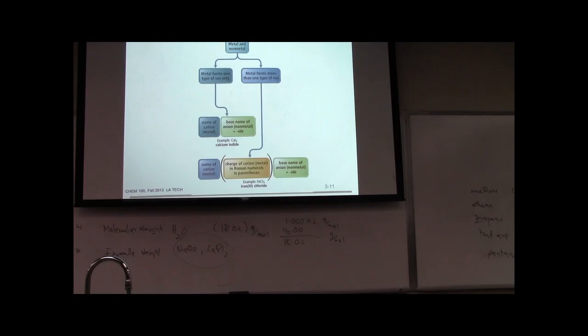But chlorine becomes what? Chloride. Fluorine becomes fluoride. Oxygen becomes oxide. So you add -ide, same rule for both, right? So the non-metal name changes at the last letter. Chlorine, drop the e, chloride.